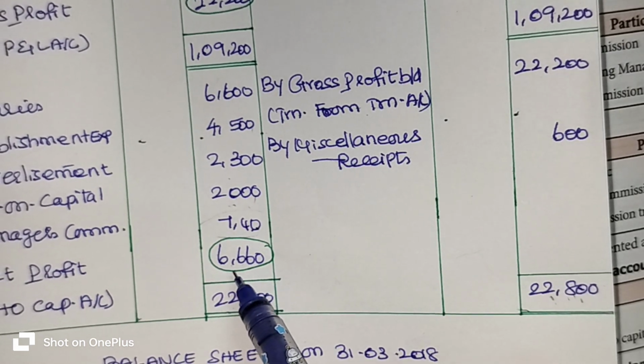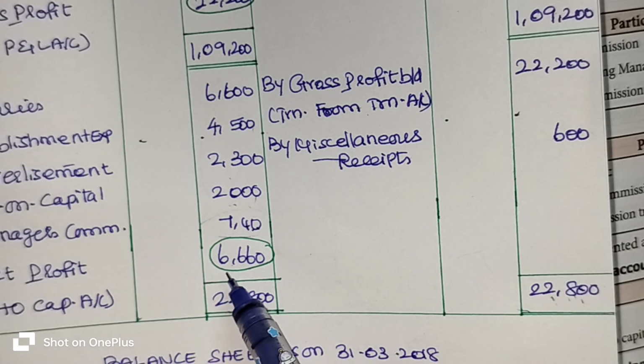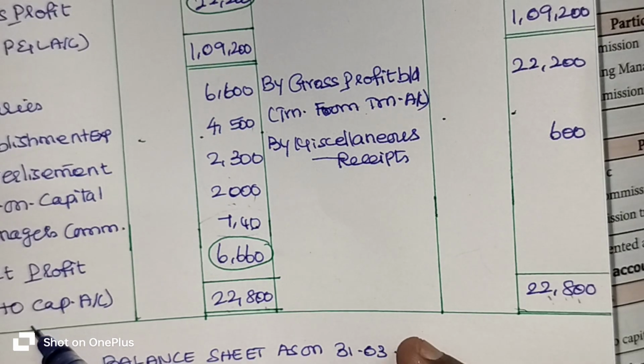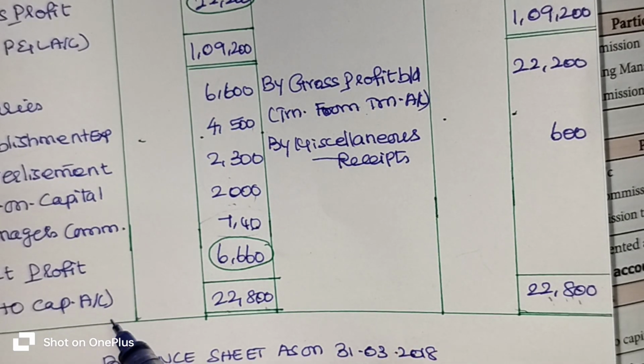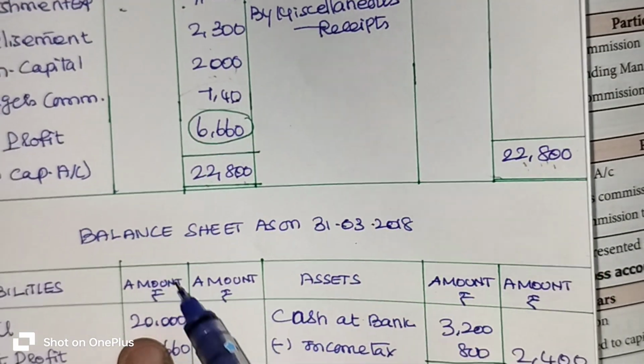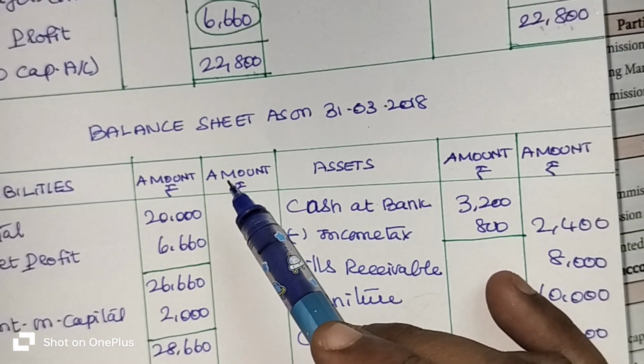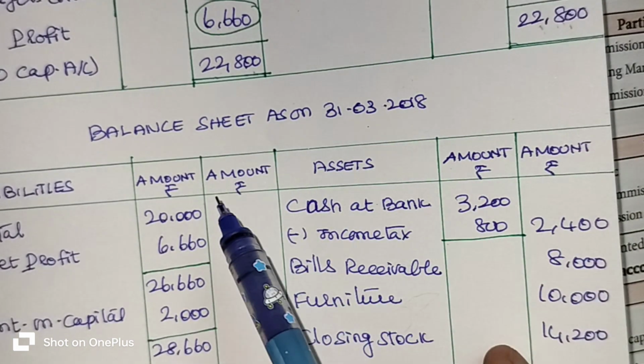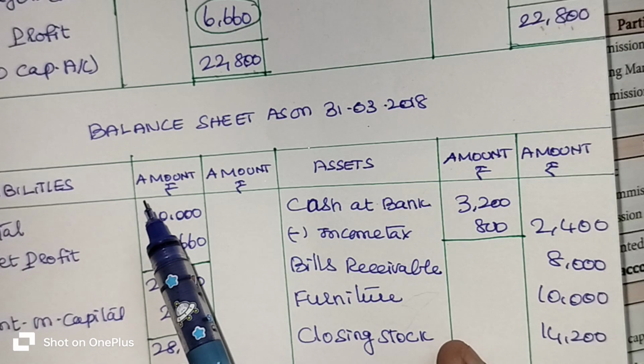So the net profit of the profit and loss account is 6,660. We transfer that net profit into the capital account of the balance sheet. So we have prepared the trading and profit and loss account. Now we are going to prepare the balance sheet.